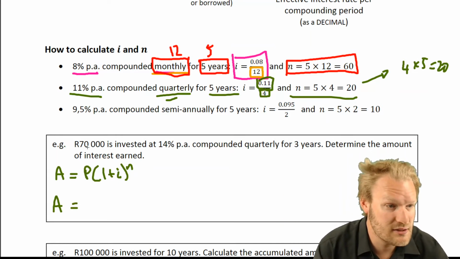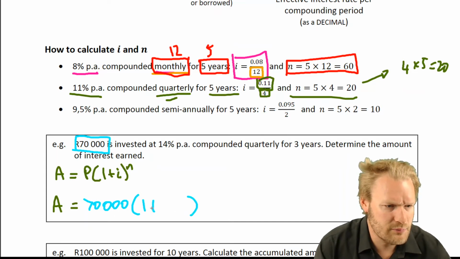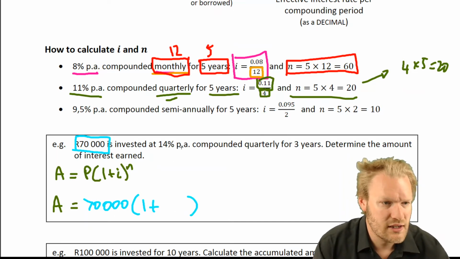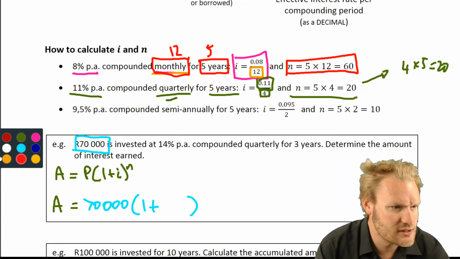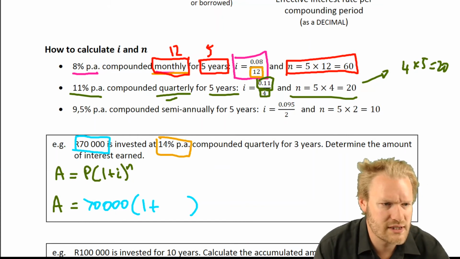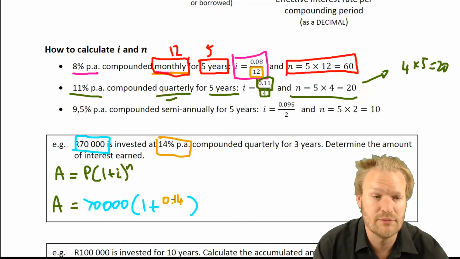Our principal amount is 70,000 Rand. Then 1 plus our interest rate. Our interest rate is 14% per annum, so we've got 0.14, that's 14%.